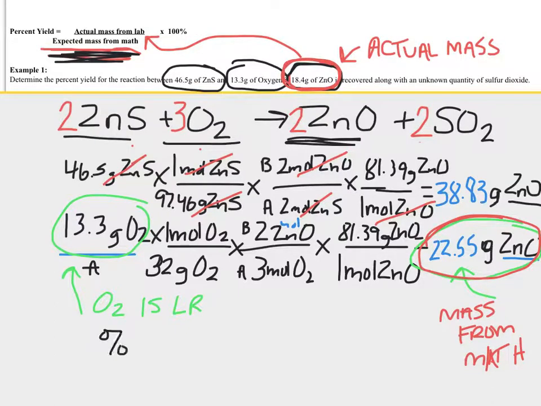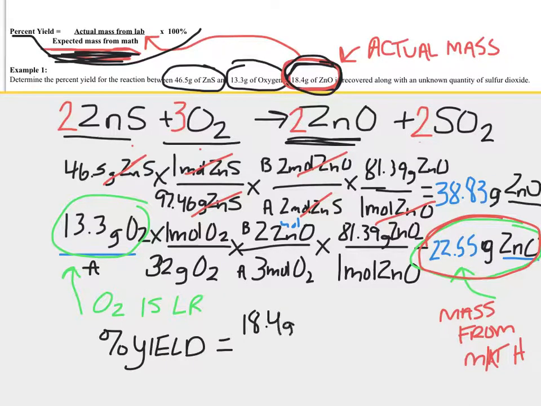So let's do that real quick. Percent yield, if you look up at the top left, the equation for that is actual mass divided by expected mass. So my actual mass, which was given to me in the problem, was 18.4 grams. My expected mass, and it's expected because it's from the math, the stoichiometry, we expect 22.55 grams of zinc oxide.